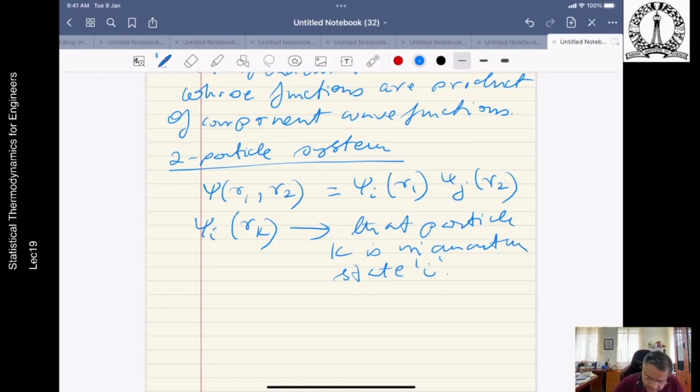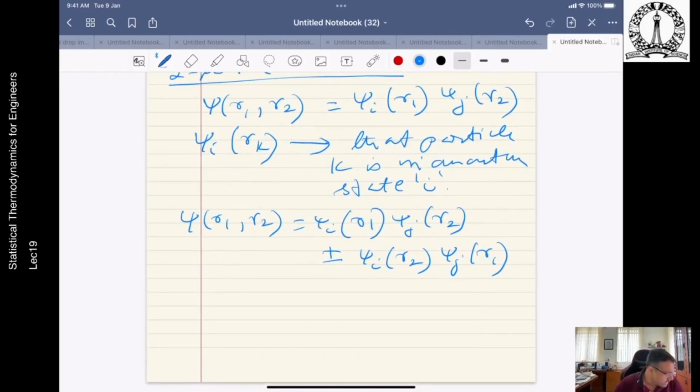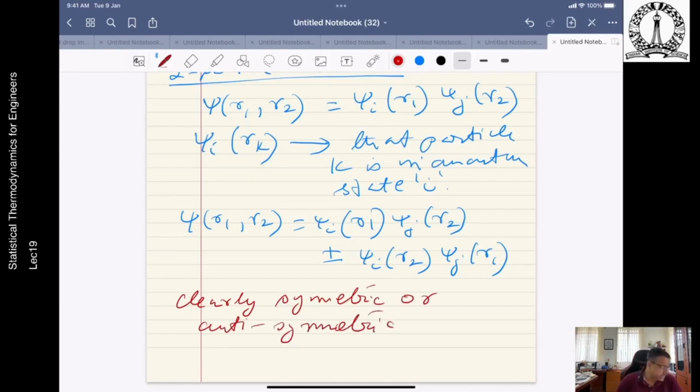Now, if I, on the contrary, write it like psi(r1, r2) equals psi_i(r1) psi_j(r2) plus or minus psi_i(r2) psi_j(r1), this is clearly either symmetric or anti-symmetric, depending on whether this sign is positive or negative.